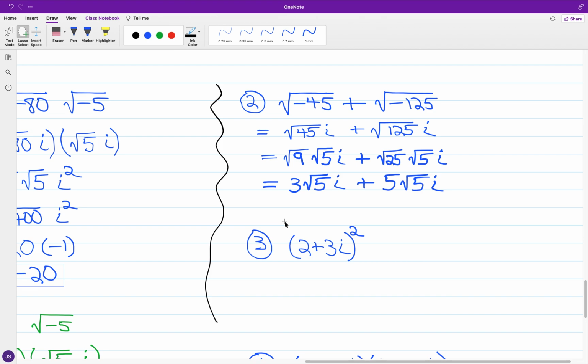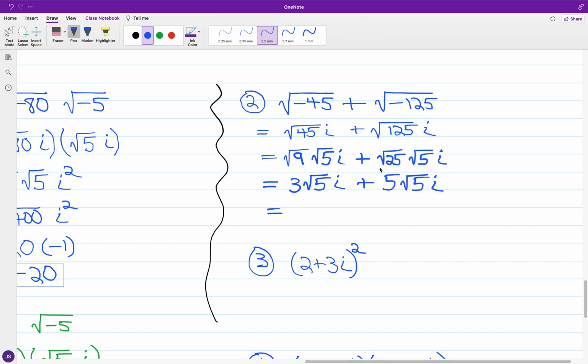And looking at the terms, both of these are complex radicals, and you have in terms of not only the letter i, but the square root of 5 times i. So you have like terms since they have the same square root radical value and also the i attached.